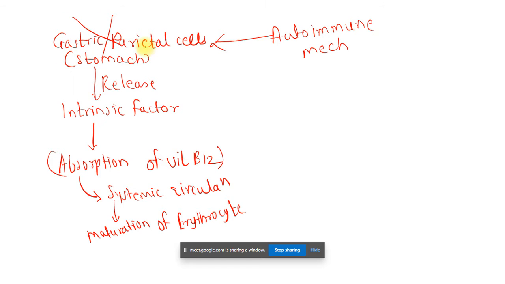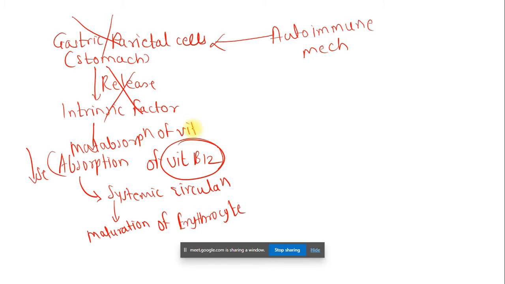Okay, so as gastric parietal cells are destroyed, they don't release the intrinsic factor, and as they don't release the intrinsic factor, there is decrease in absorption of vitamin B12, or we may say it leads to the malabsorption of vitamin B12, that is deficient absorption of vitamin B12, and this leads to vitamin B12 deficiency anemia.